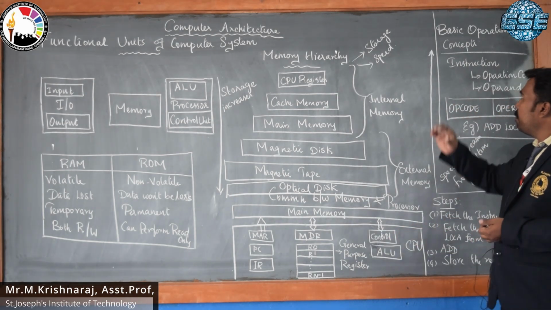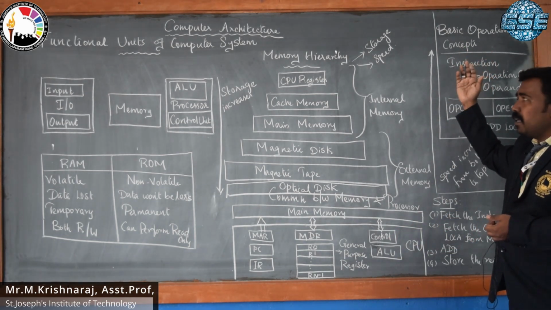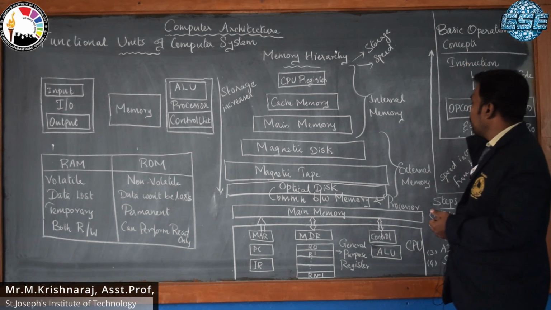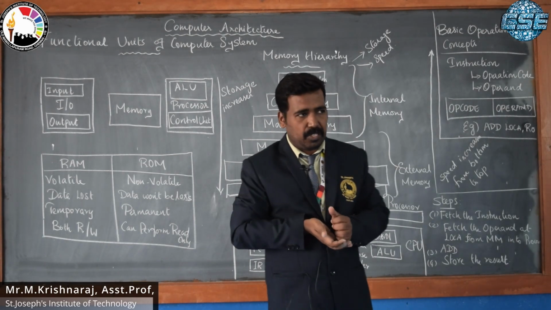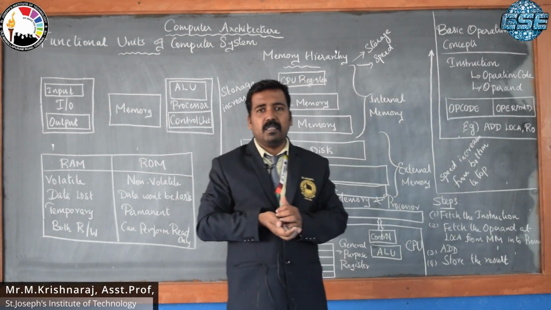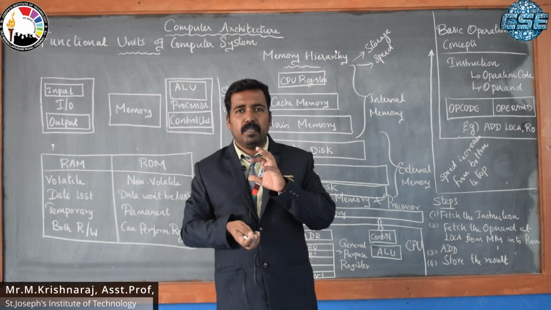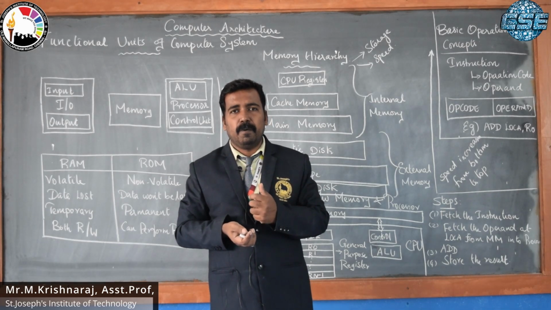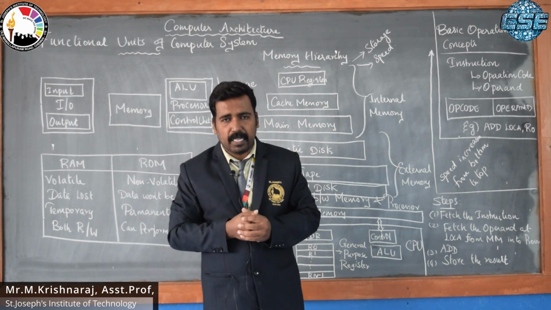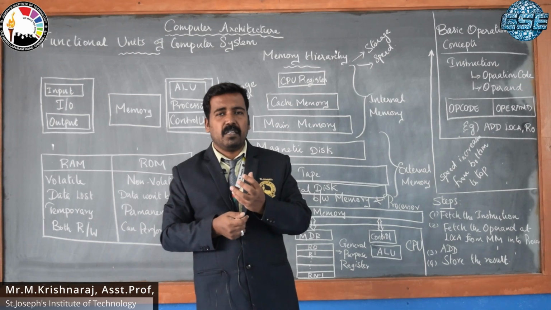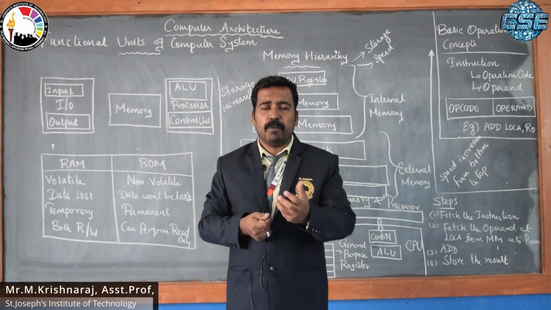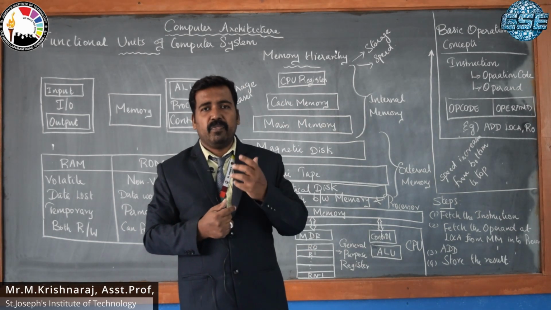So when you talk about basic operational concepts, we need to talk about instructions. Instructions are nothing but the computation techniques we need to give to perform a particular task. Instructions are the information we provide to the CPU in order to perform a particular task.